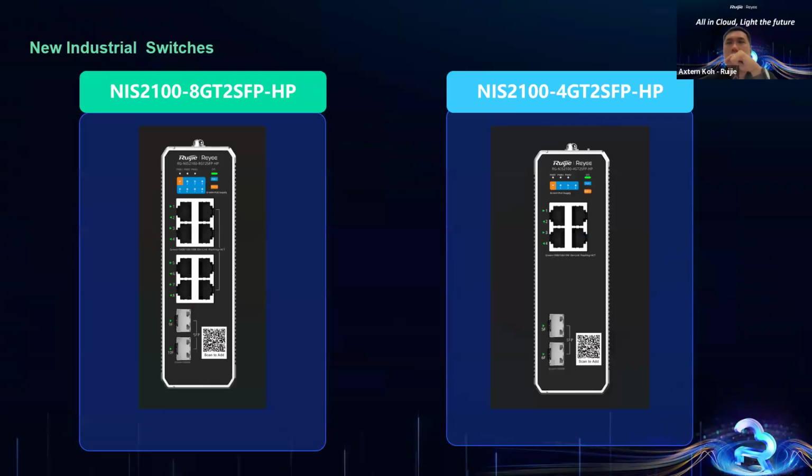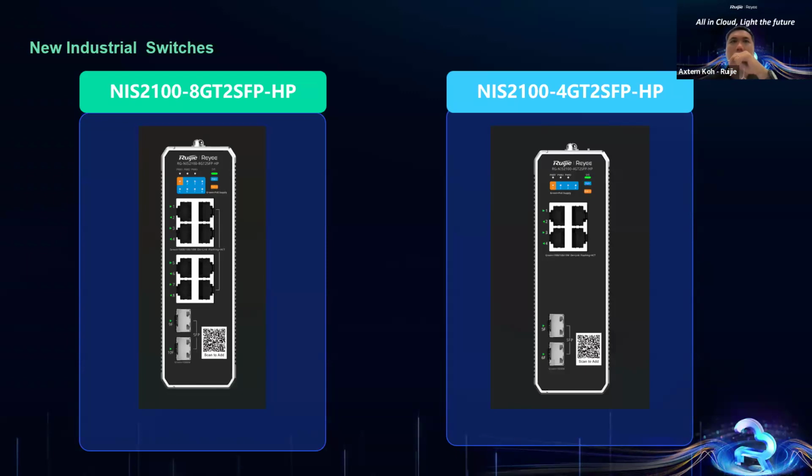As a summary, this new industrial switch NIS 2100 series is price competitive with brands like Dahua and HIK. Last year we created the new industrial switch NIS 3000 series, the 3100 series, and a lot of people said the cost was very high and that it could not compare with Dahua and HIK industrial switches. But this June, we are going to release these two models in the market.